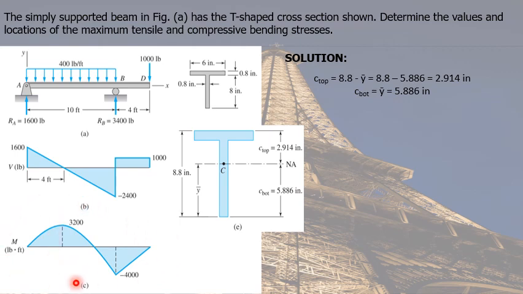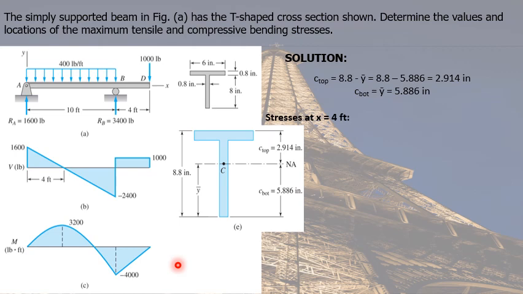We go back to the moment diagram and notice that we have a maximum positive moment, 3,200 pound-feet, which is located 4 feet from point A. And we also have a maximum negative moment equal to 4,000 pound-feet located at point B, which is 10 feet from point A. So we will be considering both maximum moments.